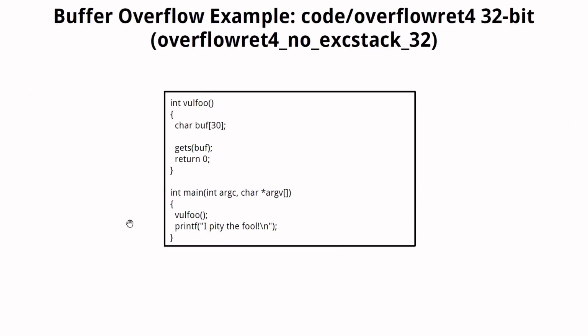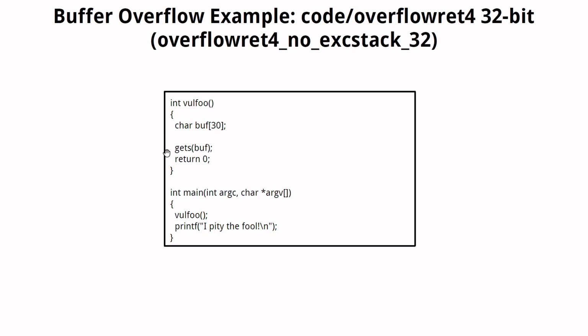So let's take a look at our next example. This is overflow return 4. The same overflow return 4 we looked at weeks ago. The main function doesn't look for command line arguments. This one takes input from stdin. There is a buffer, 30 bytes. And there is a gets function which can overflow the buffer.